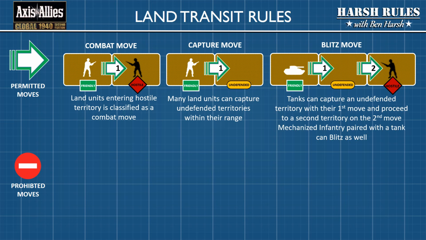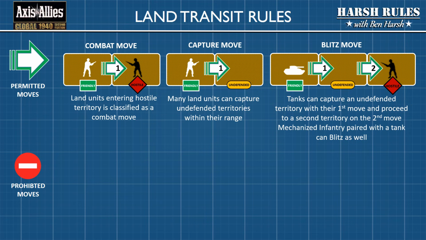Similar to the capture move, tanks can conduct a blitz maneuver. When conducting a blitz, tanks move into an undefended territory, capture it, and then blitz to an adjacent territory. The territory can be hostile or friendly. A tank can even turn around and blitz back into the territory he started from. Mechanized units paired with a tank can conduct the blitz maneuver with them as well.